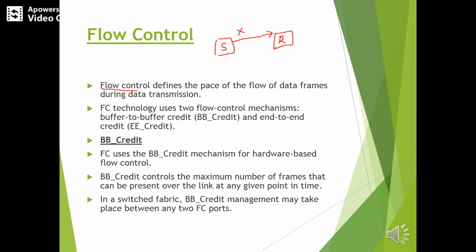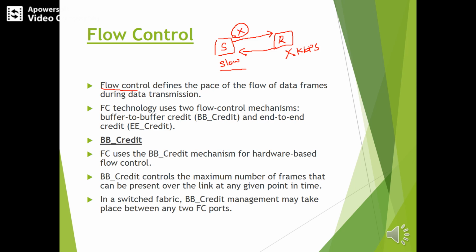But the receiver does not have the capacity to receive all that data at X kilobits per second. At that instant, the receiver will place a request to the sender to slow down the data rate. That is nothing but flow control. The receiver is requesting the sender to slow down the data rate it is sending at. That is called flow control.